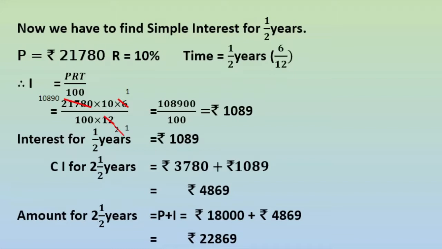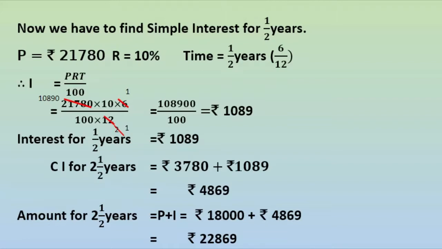In the question, calculate the interest for 2.5 years. So we can add both interests. Interest for 2 years we already found, and this is interest for 6 months. That is rupees 3,780 plus rupees 1,089. So we get the interest as rupees 4,869.